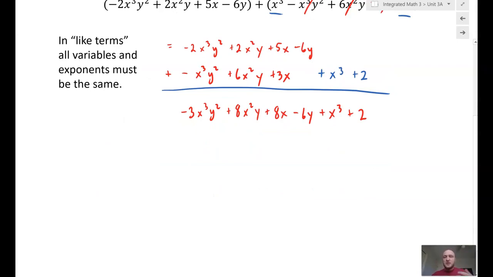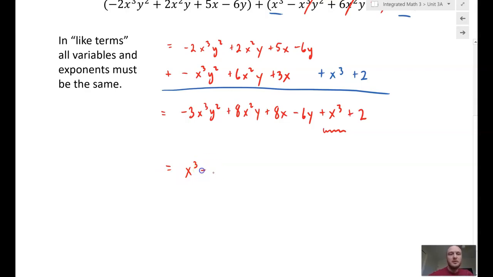So what I need to do is put it in standard form, and really the issue comes from this x cubed term here, right? That was an extra term in my second polynomial that I didn't have a place for originally in my first one. So where does this x cubed go? Well, notice it's x cubed and it has no y's. So it's going to go in the front of my x cubes out here.